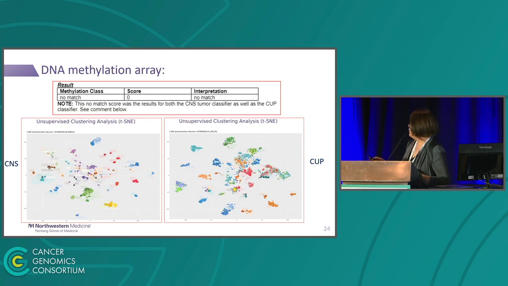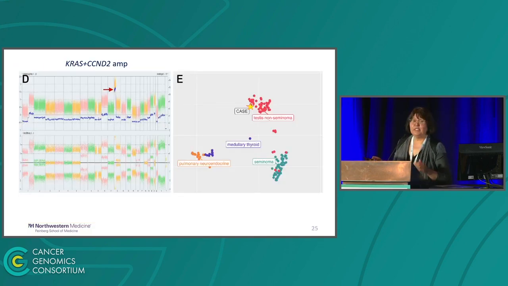However, on a research basis, we still looked at the proximity to the closest subclass on the carcinoma of unknown primary classification. And you can see that the case was located closest to testicular non-seminoma. So that was a good hint that copy number assessment would be helpful.